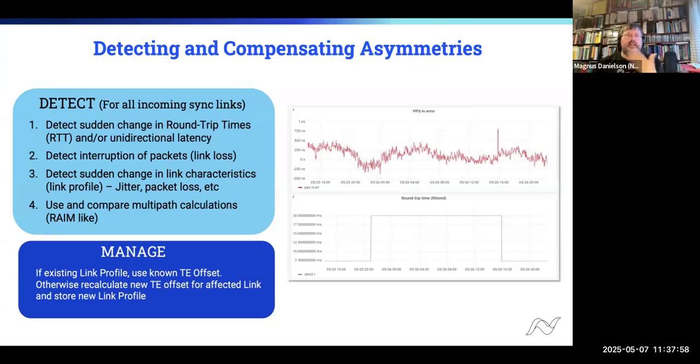If an exit link profile is used, use the known TE offset. Otherwise, recalculate the new one and use that, and compensate actively for it. This is a very important part, which is not in partial timing support. So that's new with the ePTS.